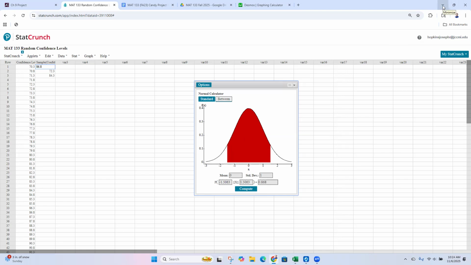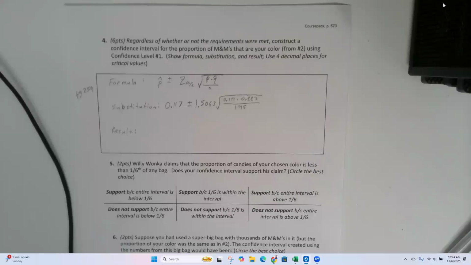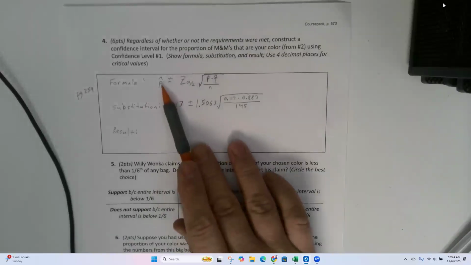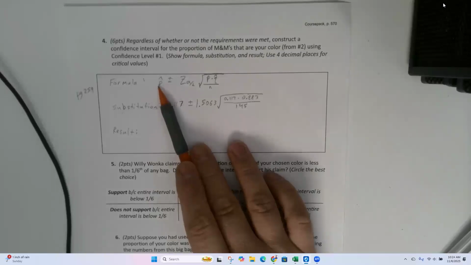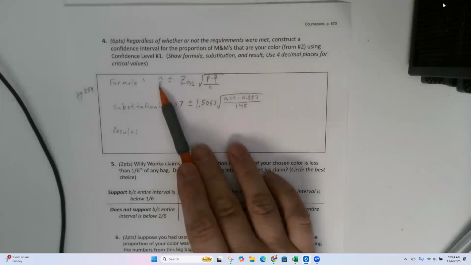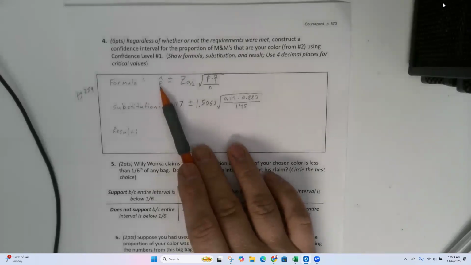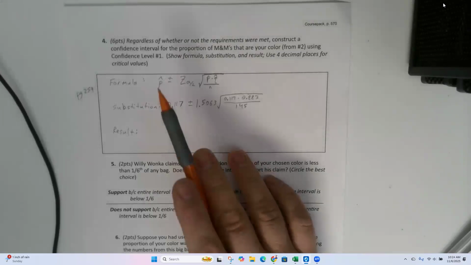Also, we have a lot of proportions, percents, probabilities flying around, so it can get a little confusing about where I put things. For example, I have a p hat. That p is a proportion, an approximate proportion of the true proportion. The true proportion of red M&Ms we know is 1/6 or 16%. So there's another percent.